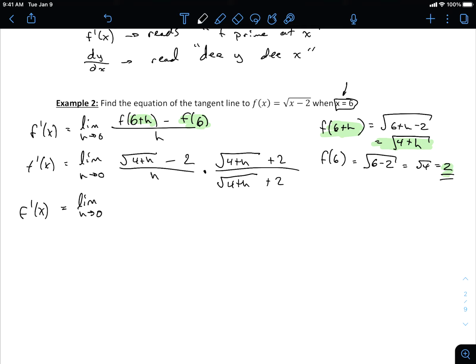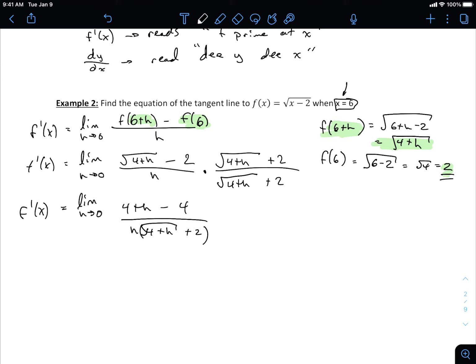We're going to see that the square roots knock each other out, and we get 4 plus h minus 4. We've made the denominator a little bit uglier now: h multiplied by the square root of 4 plus h, plus 2.